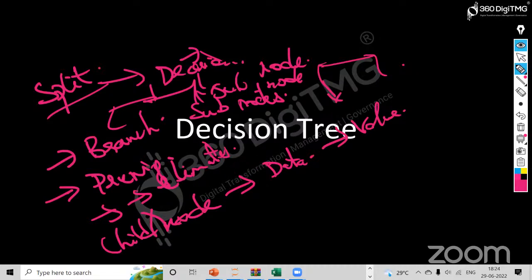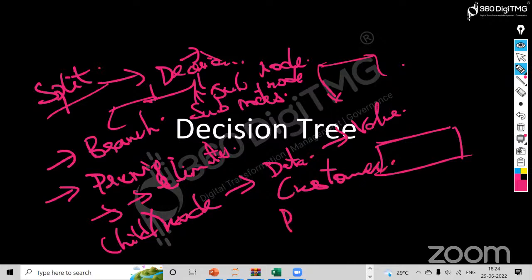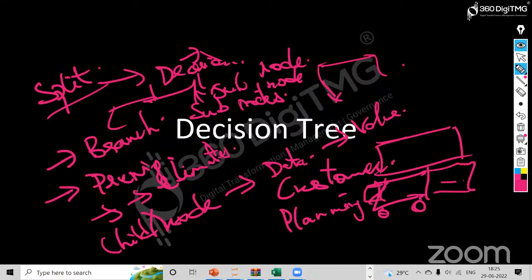Okay. For example, let's say a customer is planning to buy a car. Let's say this is a car. So he has not made a decision yet.